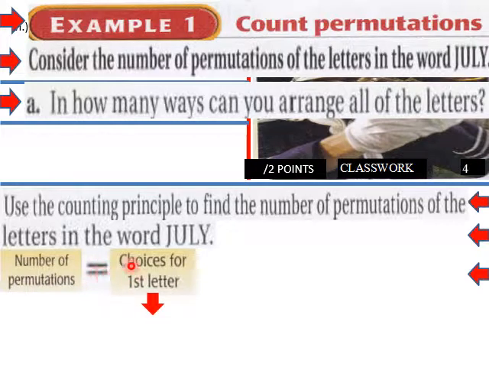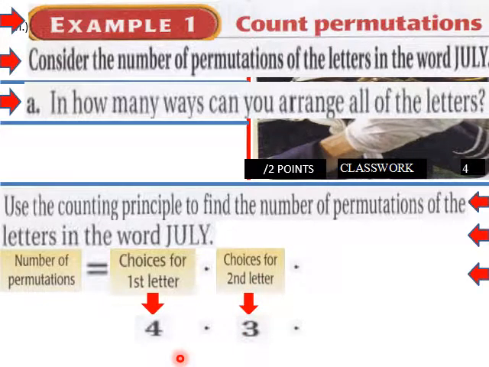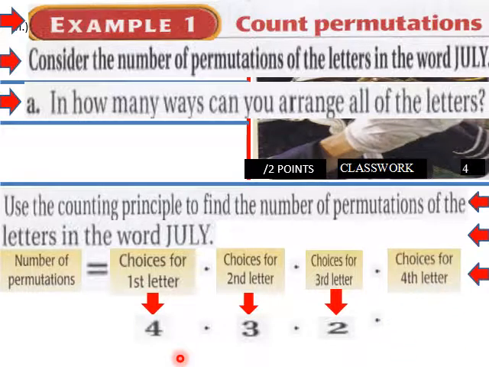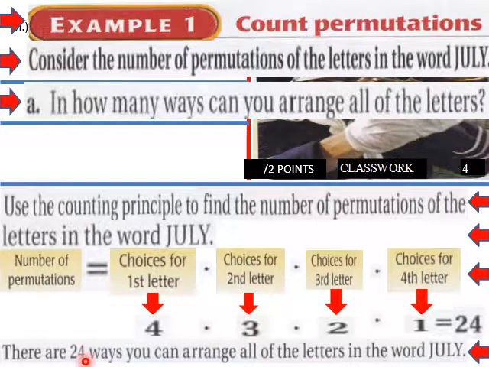Number of permutations equals choices of first letter, so we have 4, times the choices for the second letter, which is 3, choices for third letter, which is 2, then choices for the last letter, which is 1. So here we go, 4, 3, 2, 1 equals 24. So 24 is the number of different permutations of the word July. There are 24 ways you can arrange all letters in July.